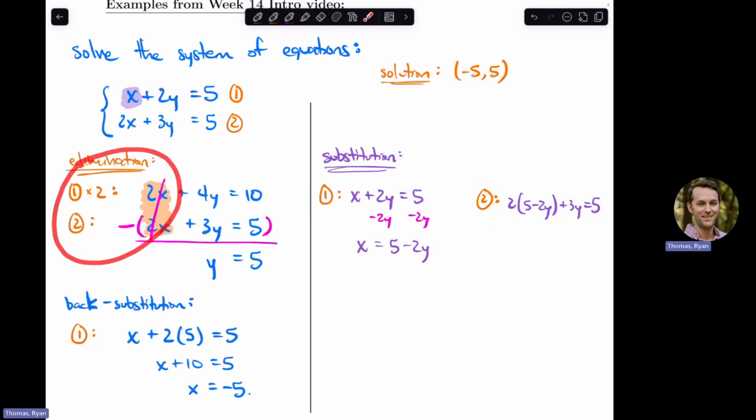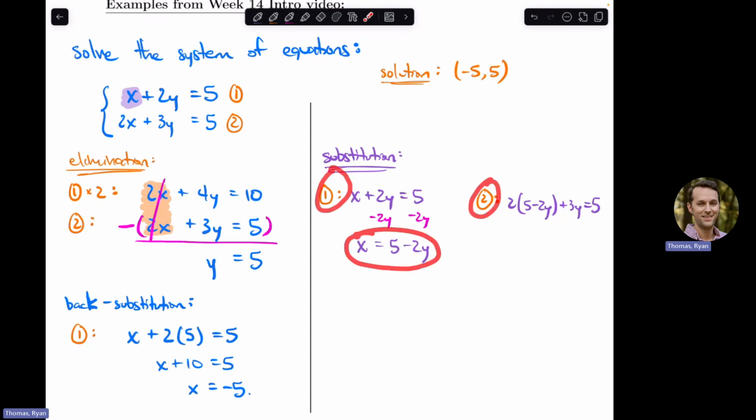Here we combine them, right? We subtracted to combine them into one thing. So we're tying them both together here. The way we tie them together here is by solving in one and plugging into the other. Okay, so distribute, so 10 minus 4y plus 3y equals 5.